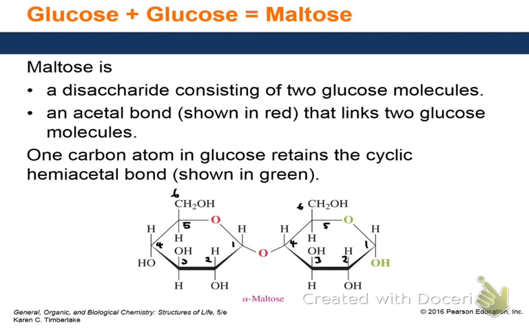So maltose is just 2 glucose molecules bonded together in what's called a 1,4 disaccharide or 1,4 glycosidic bond. It's got a name. But the 1,4 that you'll see in a lot of the biology stuff comes from the fact that this comes from the 1 carbon and 4 carbon is connected to.